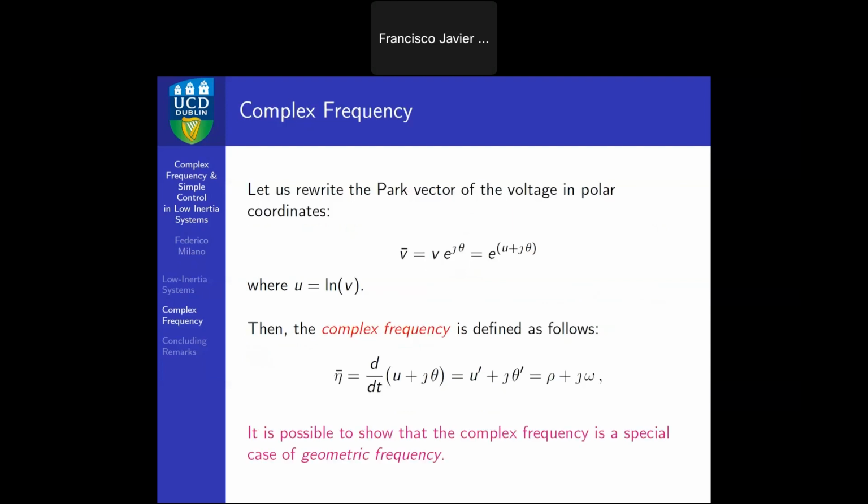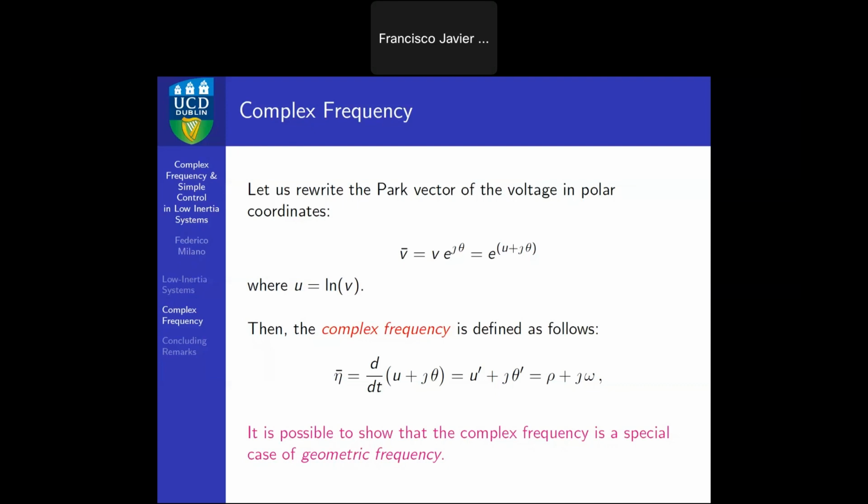Then we write the voltage in this way. And this is what I was saying yesterday. We can write dq coordinates, we can write polar coordinates. I'm using these exponential coordinates. So theta is as usual, but u is the logarithm of v. With this trick, we can easily see that when we do the time derivative of v, we will have the derivative of u and the derivative of theta.